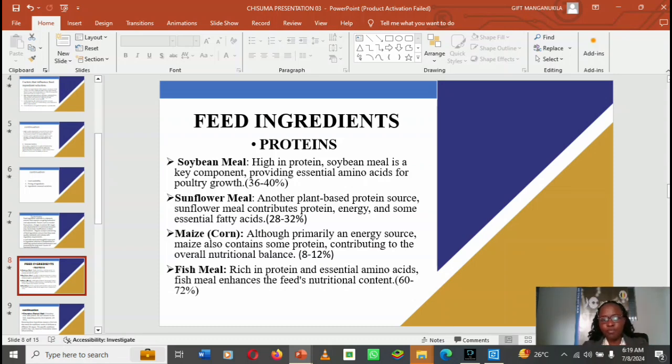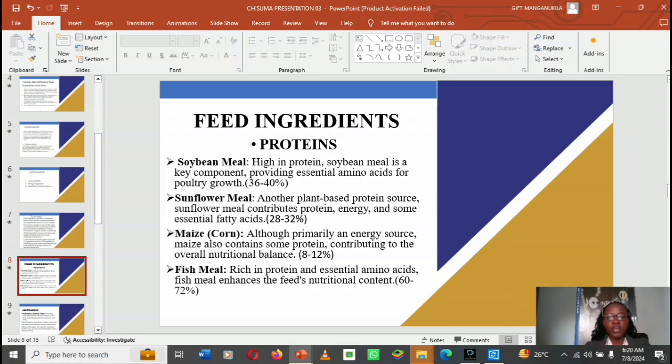So when we talk of proteins, what ingredients have proteins? As we start discussing this, you can begin to write down, in the area where you are playing this video from, what you have for proteins in abundance, what you can easily access, and what you want to choose from for your protein source.